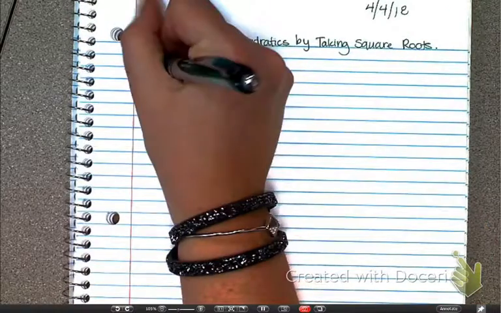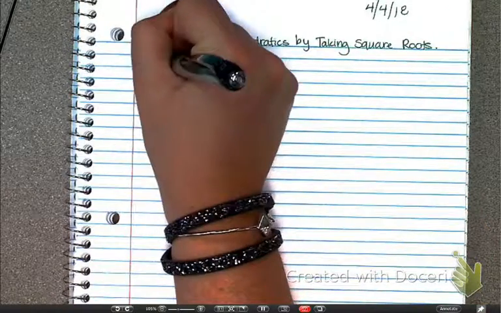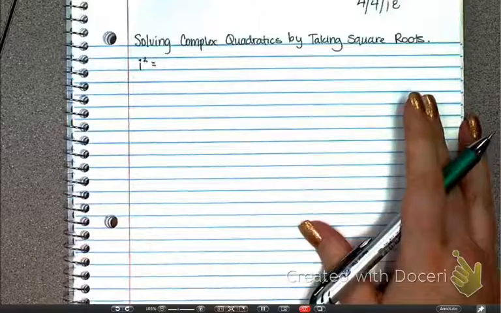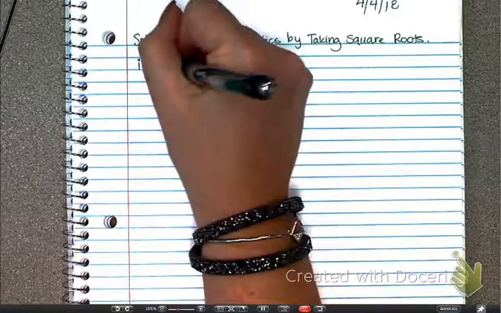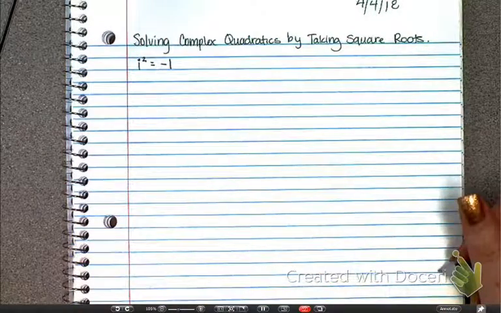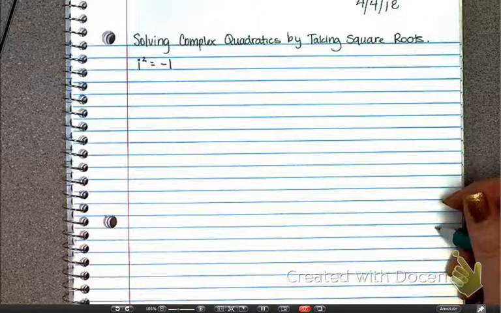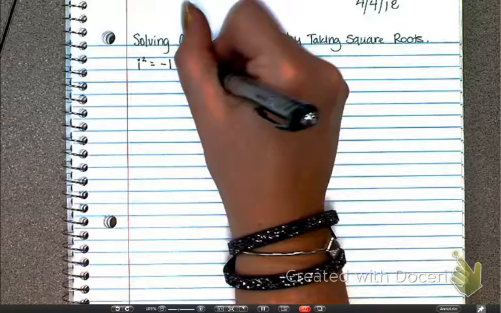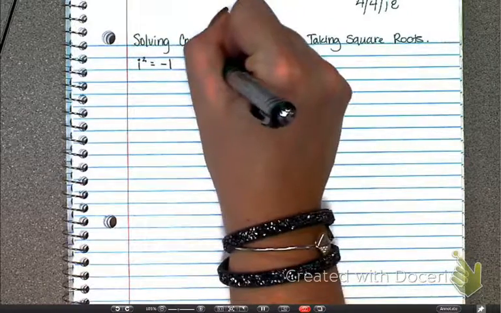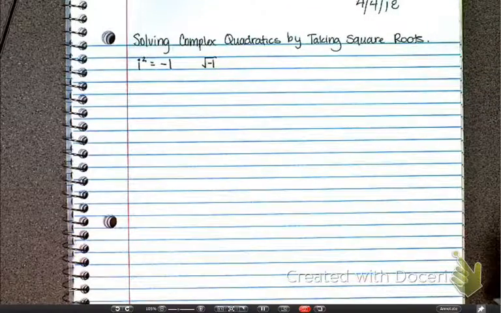So, yesterday we talked about i squared, and what do we know about i squared? It equals -1, right? We can replace i squared with -1. So if I give you the square root of -1, any guess what that's going to equal?